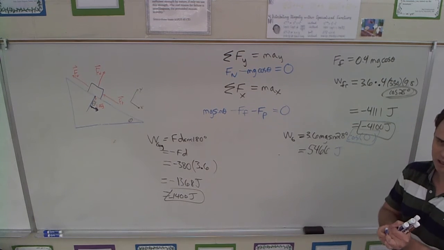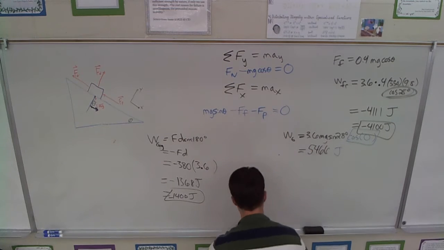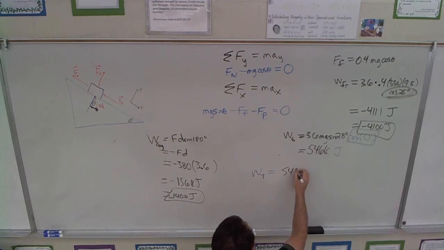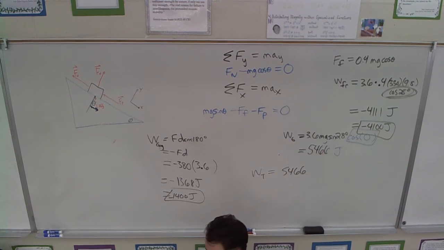So what do we get for the net work? Well, we just add them all up and see what happens. What's happening work-wise total or net? Well, we've got this much work that gravity is doing, which makes sense that this is bigger than some of those other numbers because this is a big piano, and the whole point is that the guy is having trouble with the piano because it's heavy, and the reason it's heavy is because that's the weight of the piano, which is due to the force of gravity.